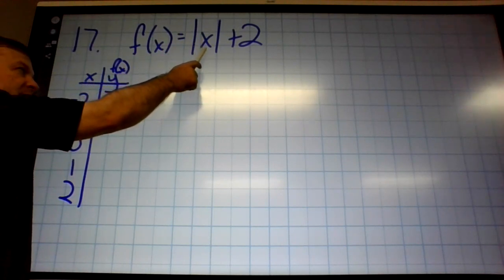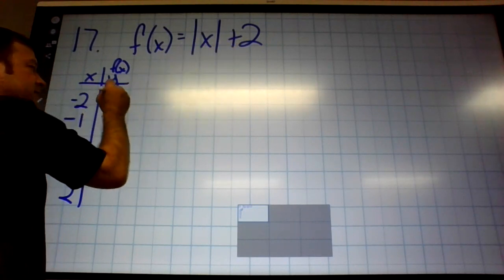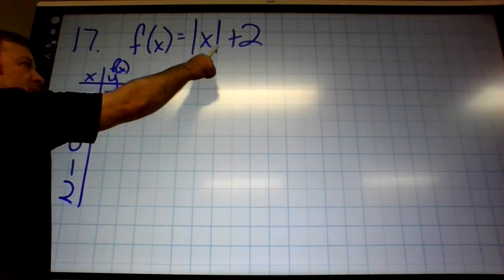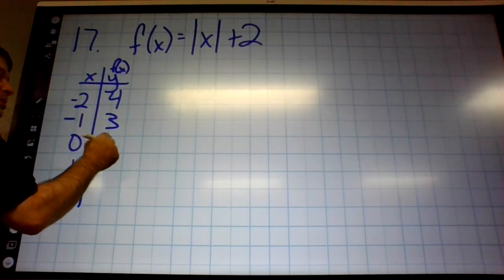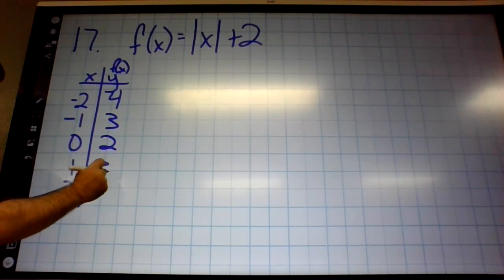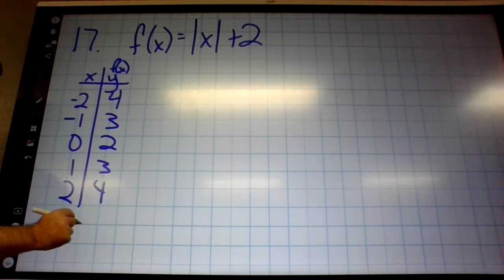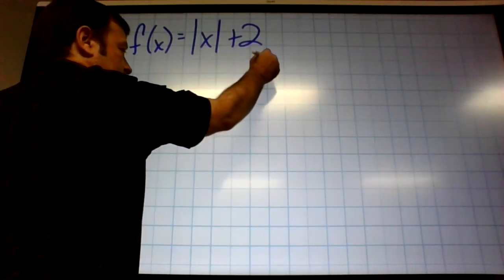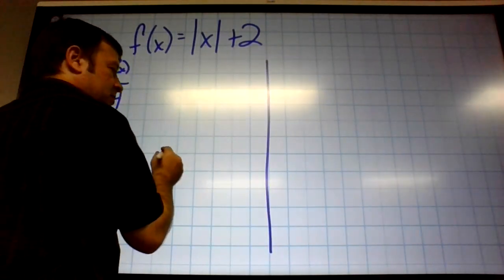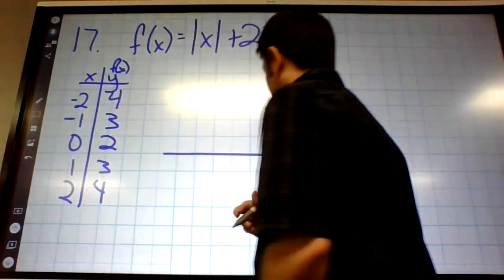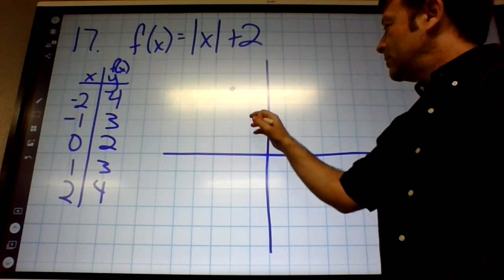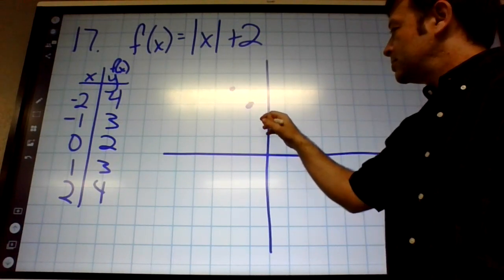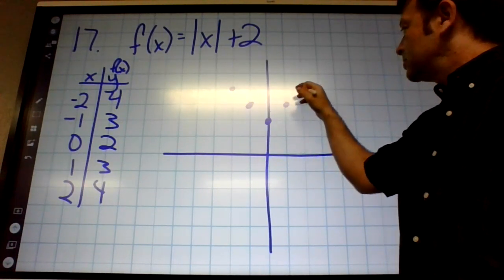Anyway, if I put in -2, what am I going to get? The absolute value of -2 is 2, plus 2 is 4. If I plug in -1, 3, 0, 2, 1, 3, and 2, 4. Okay, so that's graphing those points: -2, 4; -1, 3; 0, 2; 1, 3; 2, 4.